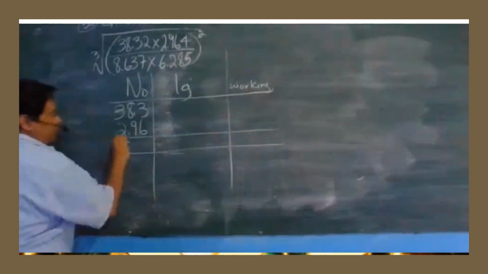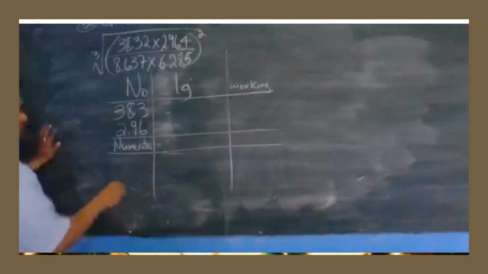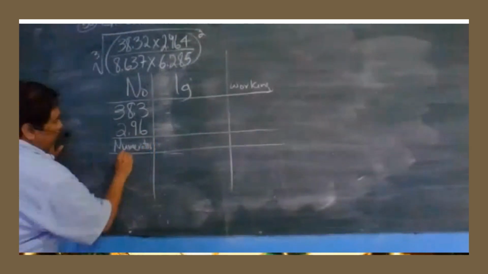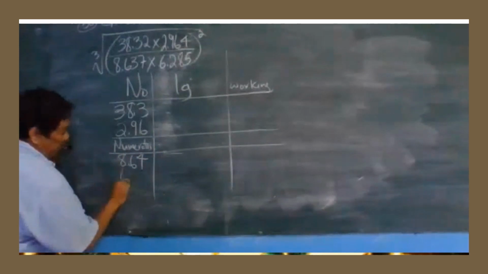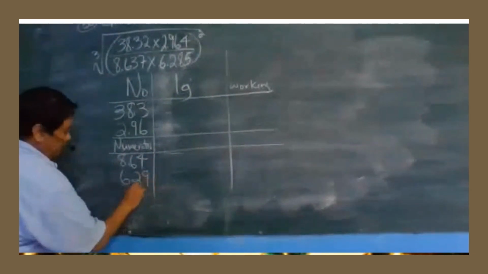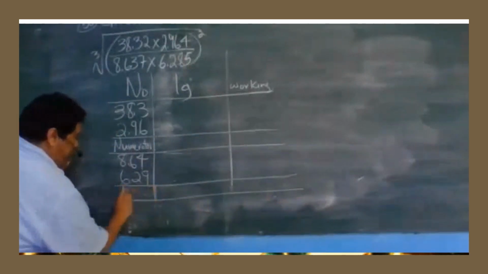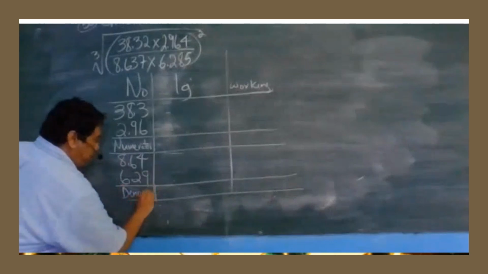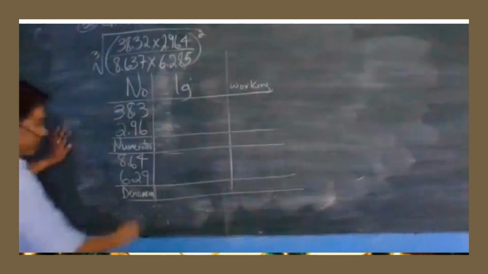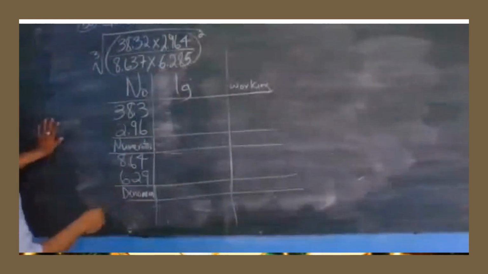This will be my numerator. 8.64 as I'm rounding off as I go, and this will be 6.29. This will be denominator, right? And then we have the working there.